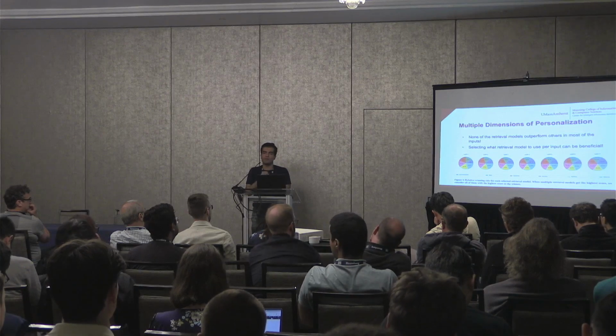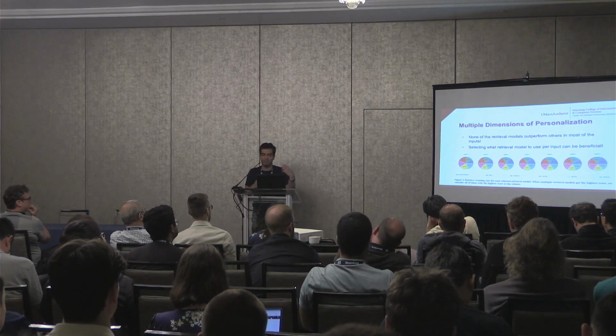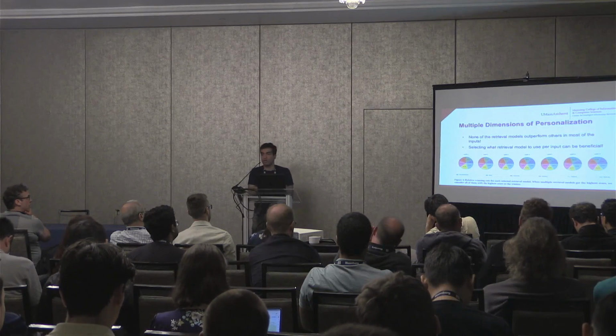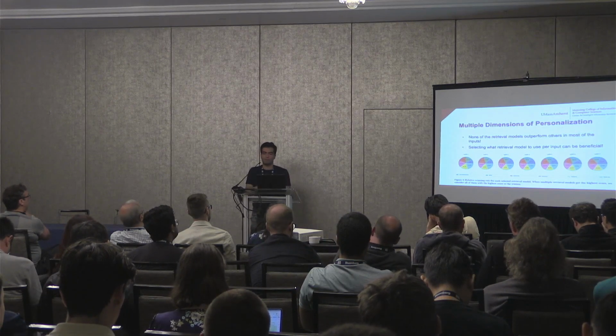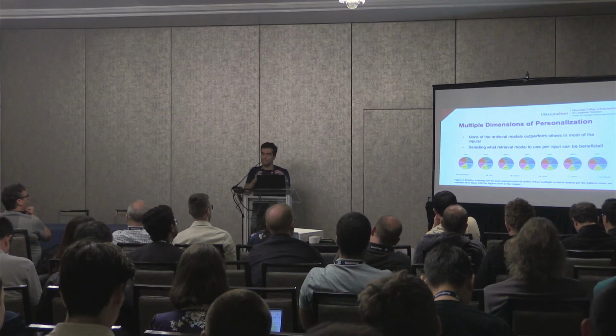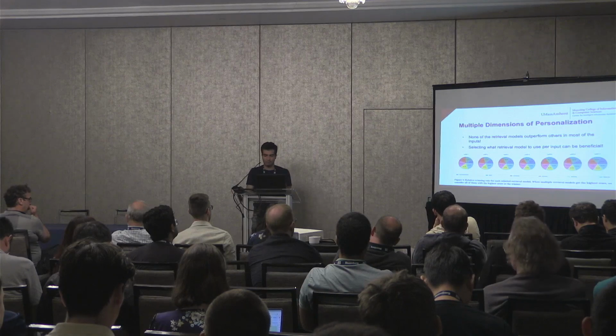Sometimes BM25 performs better for one query, sometimes the trained model performs better for another query, and sometimes even no personalization performs the best. This suggests that we should move toward designing a mechanism to select the retrieval model.